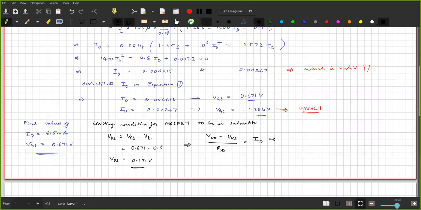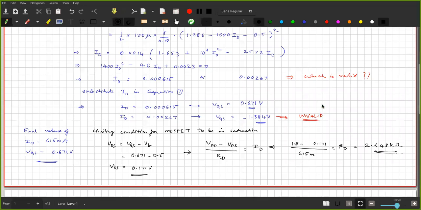So substitute all the values: 1.8 minus 0.171 divided by ID, which is how much? 615 milliamps is equal to R. Okay, so this turns out to be 2.648 kilo ohms.